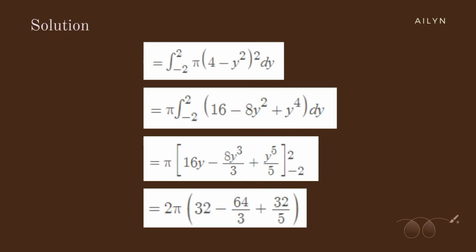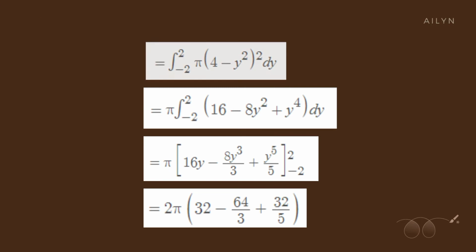By following the constant rule, let's put the pi outside the integral and perform the FOIL method for 4 minus y squared. We get pi, the integral of 16 minus 8y squared plus y to the 4th dy, integrating from negative 2 to positive 2.